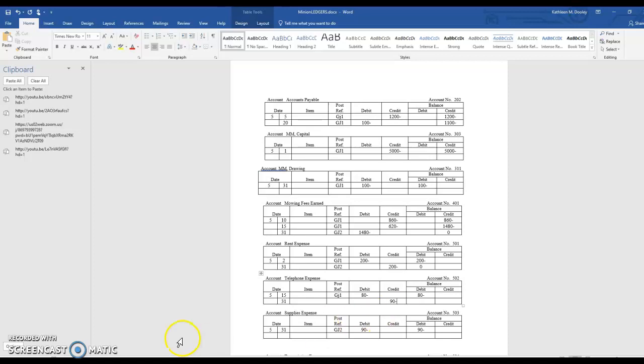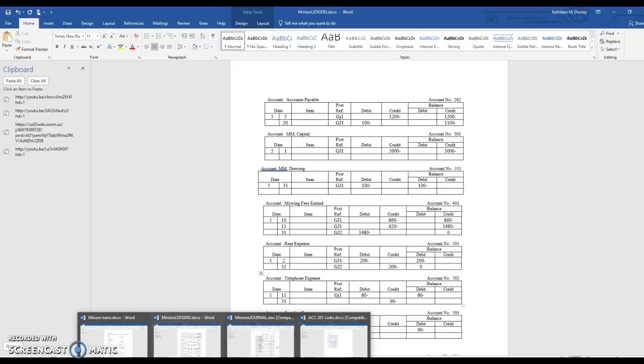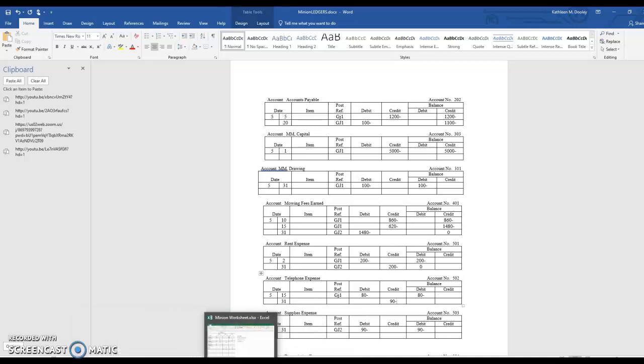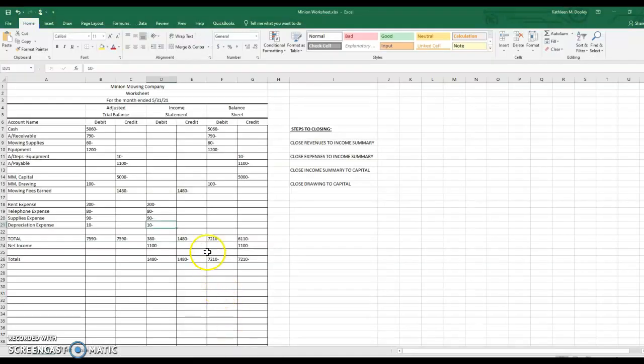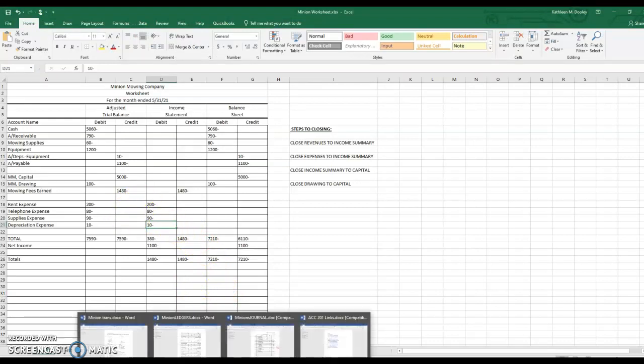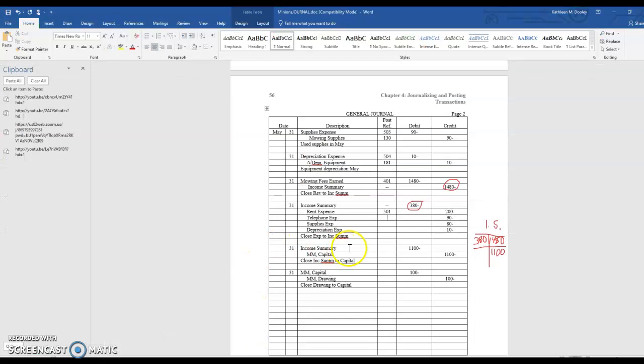Oops. We have 80. Did we do something wrong here? Let's see. Yes, telephone expenses, 80. Okay, I mixed them up here. Okay, this is 80. See how you can have things not be correct, even though the totals are correct.